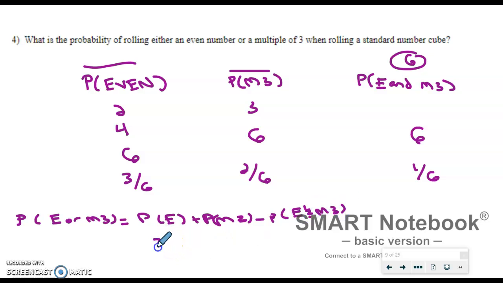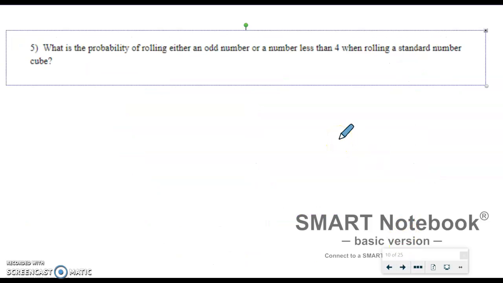So 3 out of 6 plus 2 out of 6 minus 1 out of 6. That's going to be 4 out of 6, or 66%.